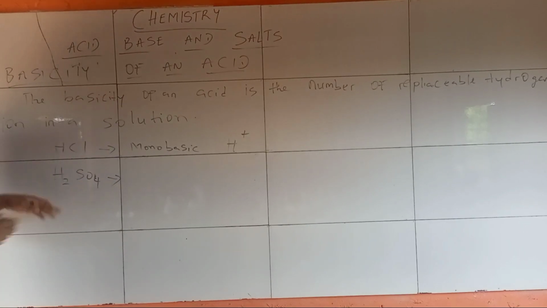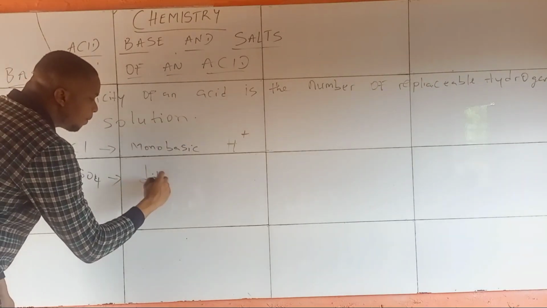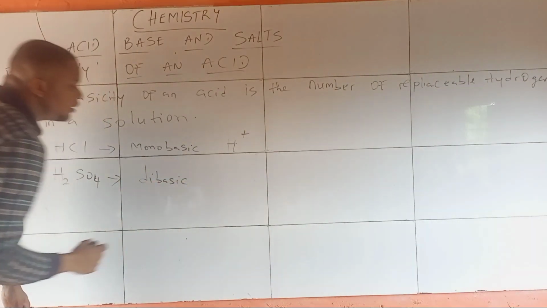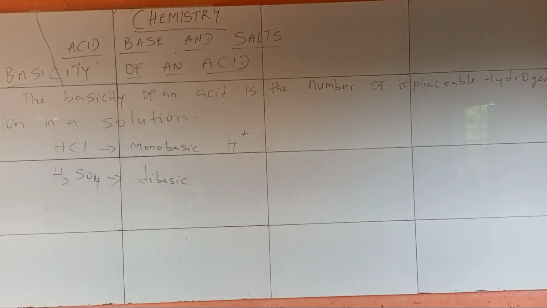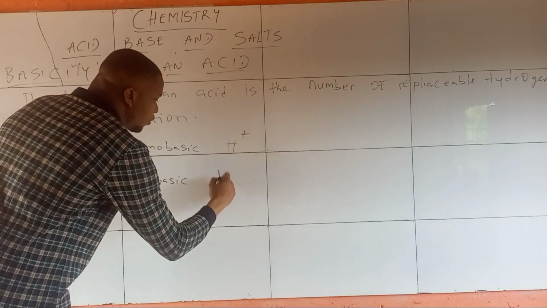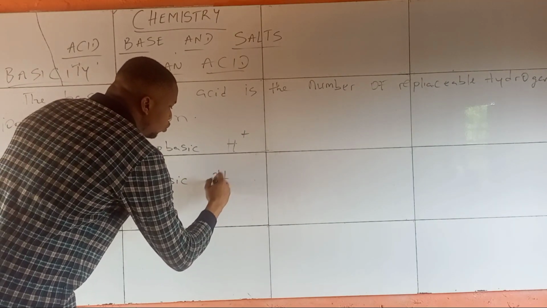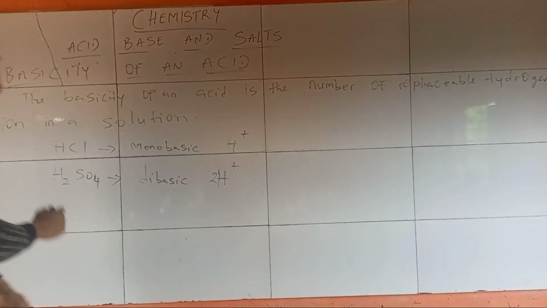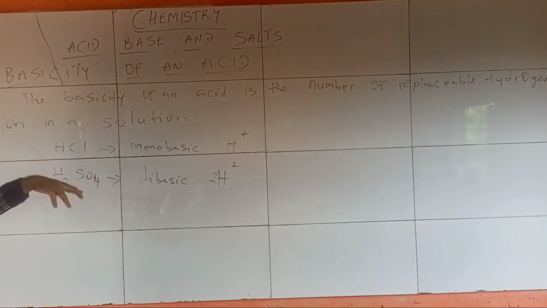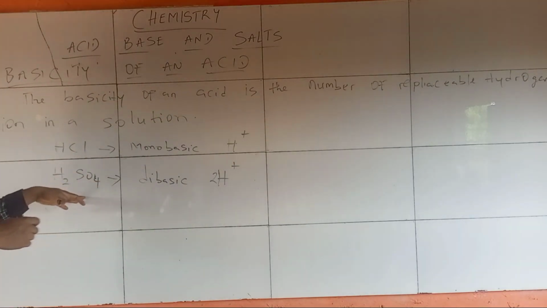Another example is your sulfuric acid. Your sulfuric acid is dibasic, because it has what? Two hydrogen ions in the acid. So therefore, it is what? Dibasic.